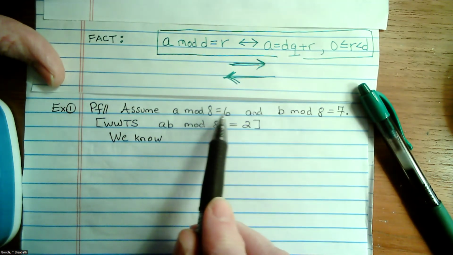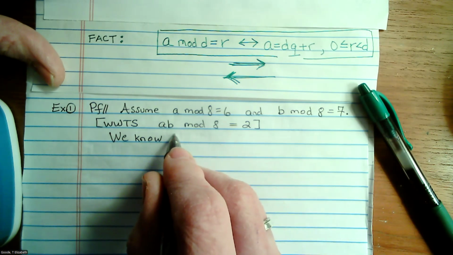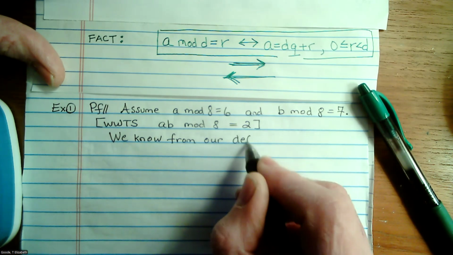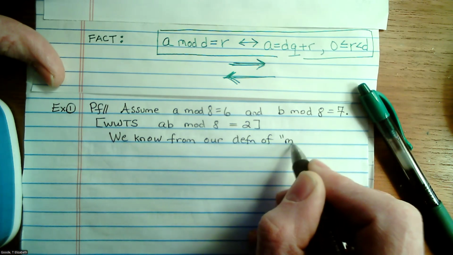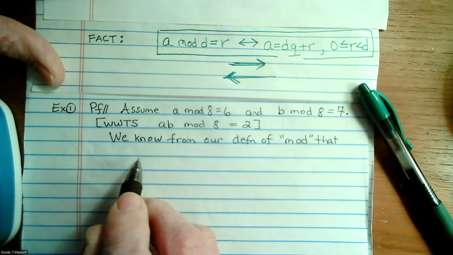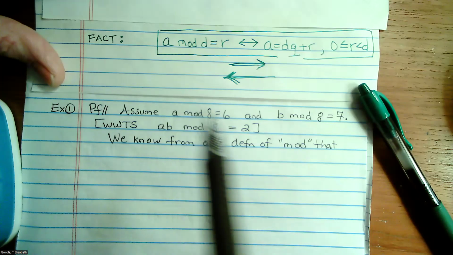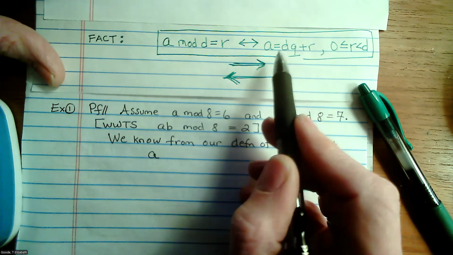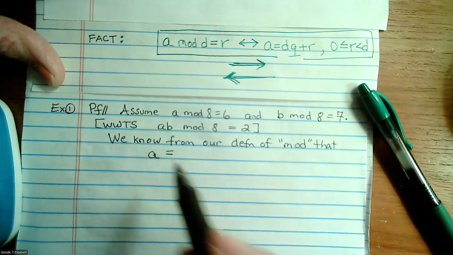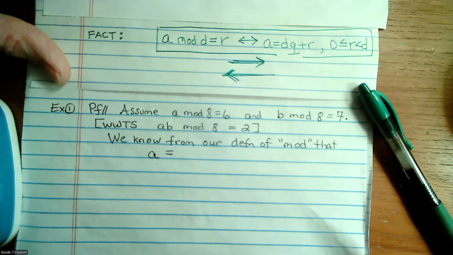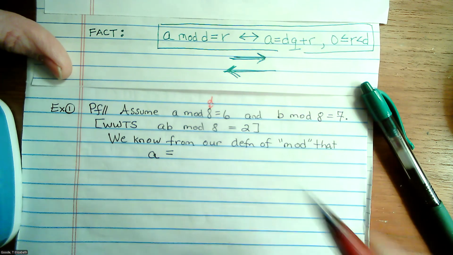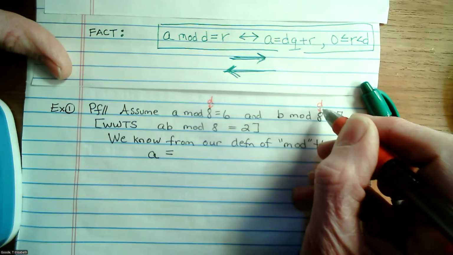Because A mod 8 equals 6, we know, from our definition of mod, that A mod D equals R is equal to A equals DQ plus R. What's our D here? D is the divisor. It's 8. So we're going to apply it.